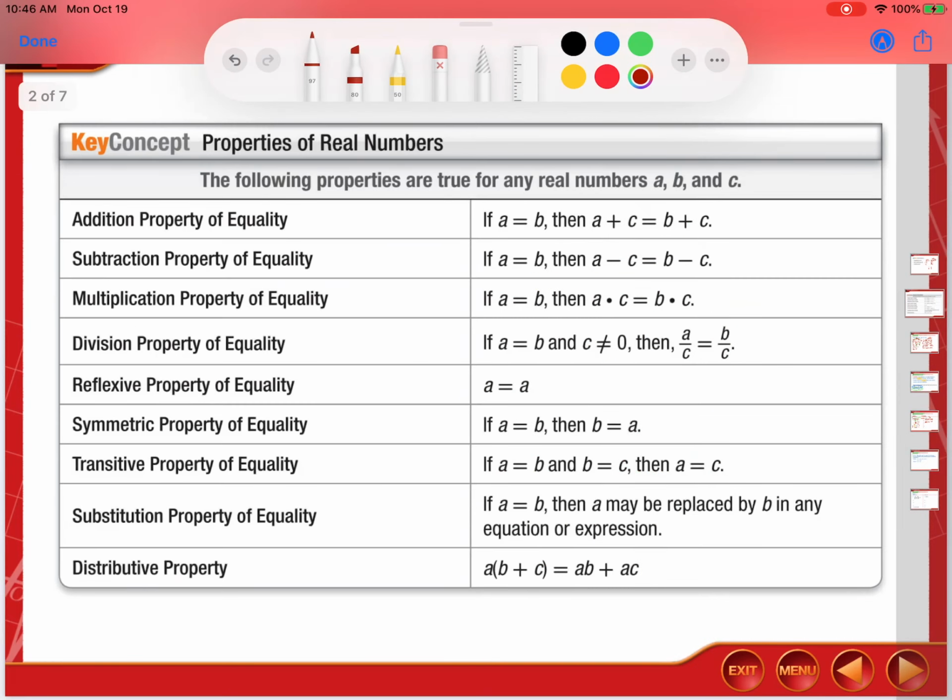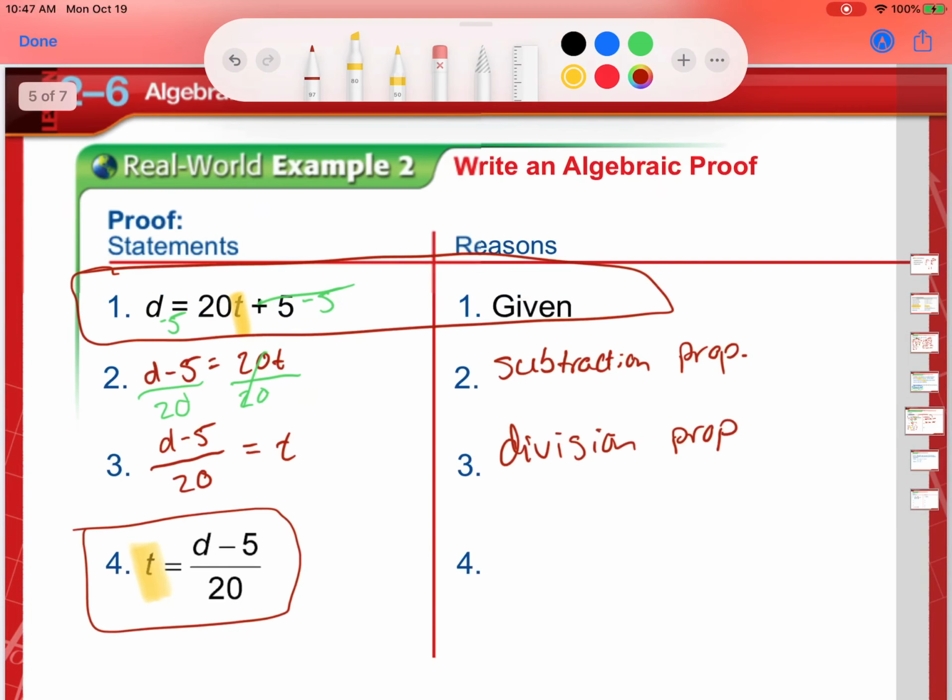So if I need to flip this equation, I can go back to my properties page and I can see that whenever I flip something, my property is this symmetric property of equality, which says if A equals B, then B equals A. So in order for me to flip this, I need to use that symmetric property of equality.